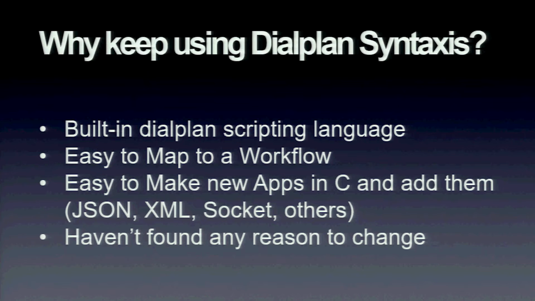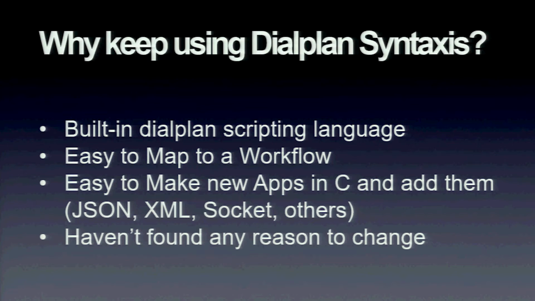Why do we keep using Dialplan syntax? Because we have many other choices. We have AEL, and you have Lua also that you can use for Dialplan. But this is the built-in Dialplan scripting language for Asterisk. So it is really easy to map to a workflow, and it's very easy to make new apps in C in the modular structure of Asterisk and create new applications, new activities for the workflows.